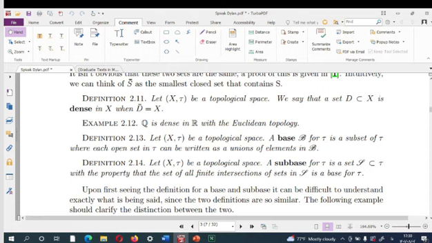Example: Q is dense in R, the real numbers with the Euclidean topology. Okay, because you know that.